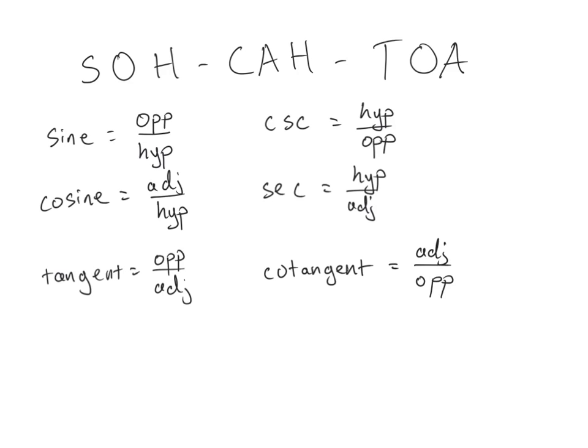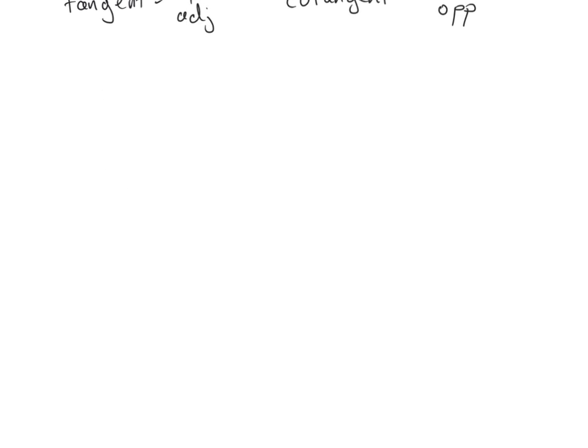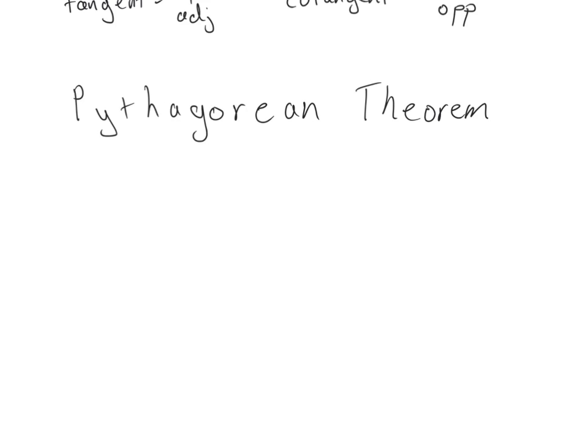And remember also, with trig, we can never forget our Pythagorean theorem, right? A squared plus b squared gives us c squared.